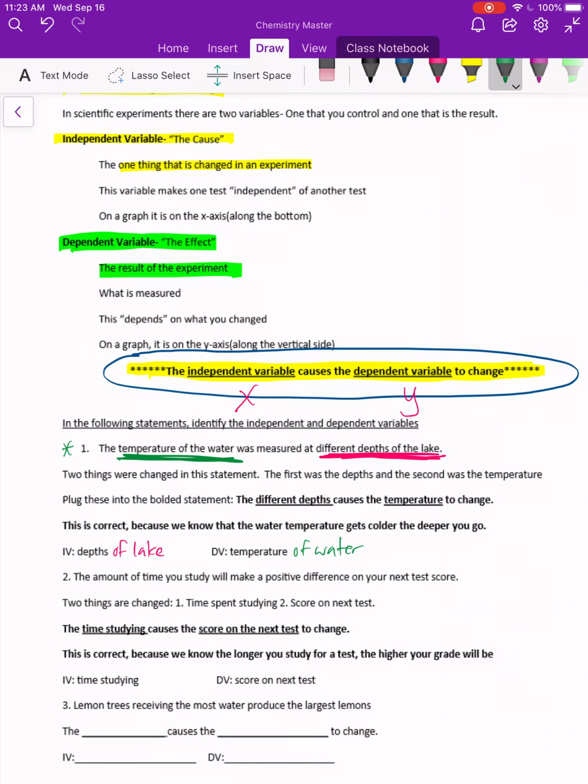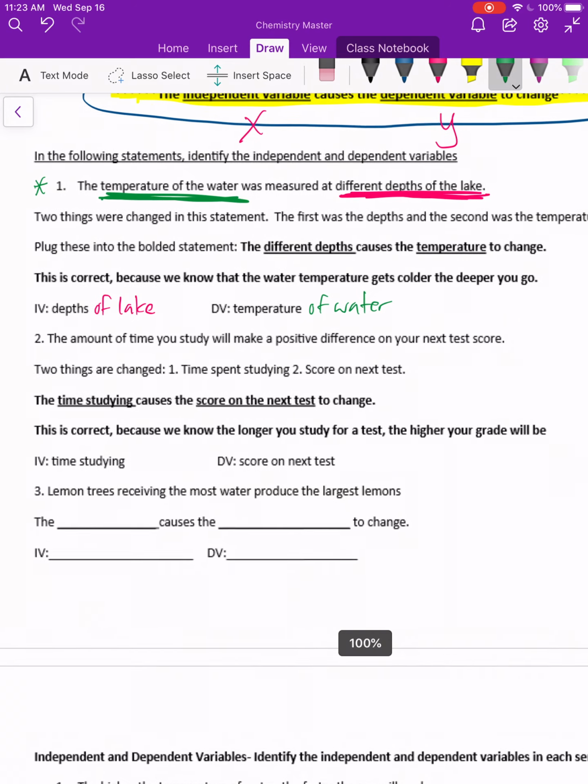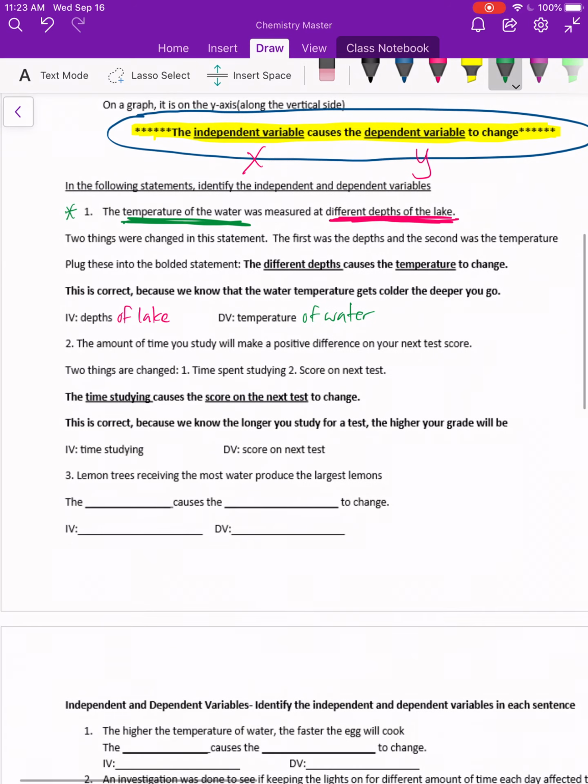Okay, so let's look at this next one. It says the amount of time you study will make a positive difference on your next test score, which means they're looking at test scores, so test scores are changing.